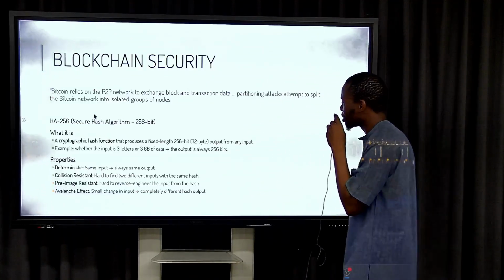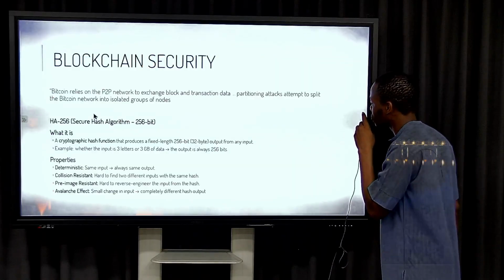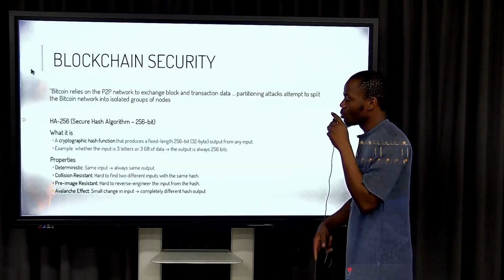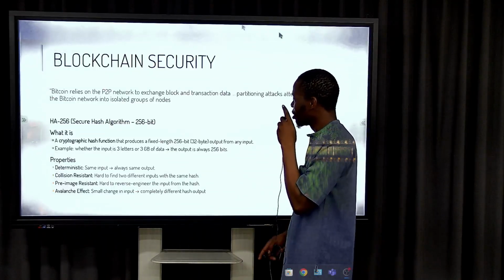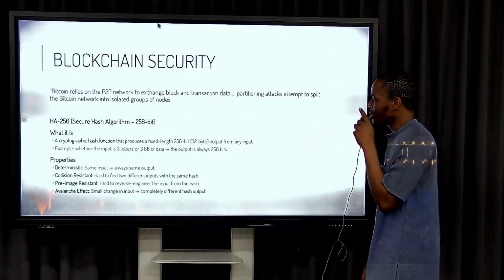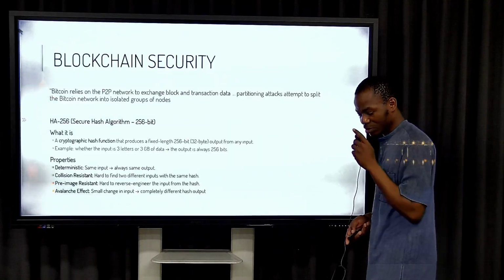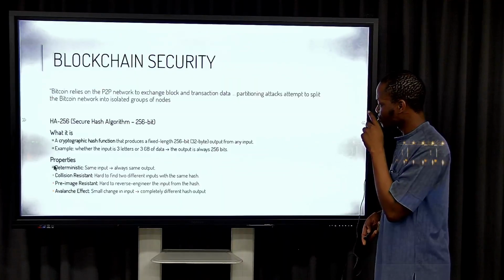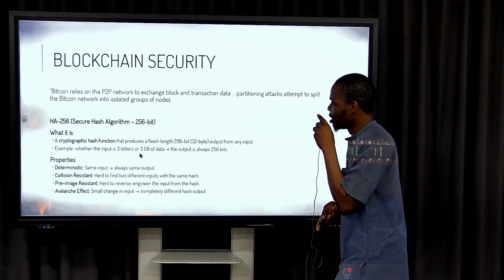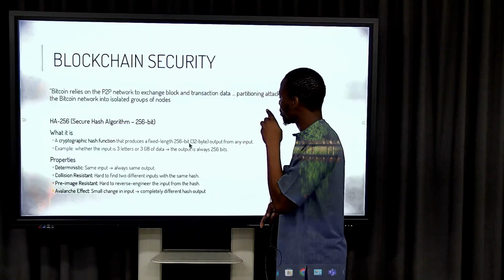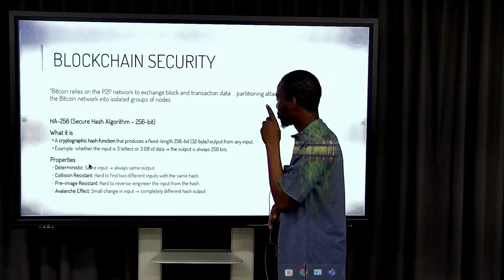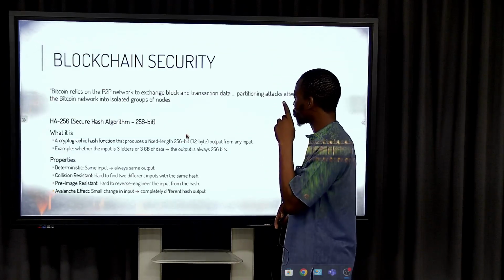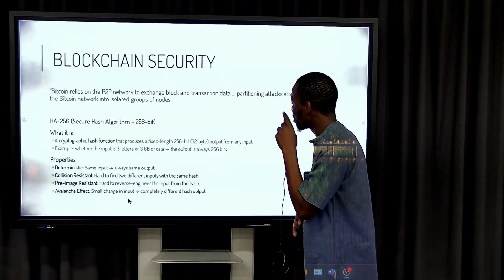For example, whether the input is 3 letters or 3 GB of data, the output is always 256 bits. So what are the properties of a cryptographic hash? It is deterministic, collision resistant, pre-image resistant, and has the avalanche effect. It's deterministic because the same input always gives you the same output. What this means is that if you input the same input at a particular time, maybe time t plus 1, time t plus 2, you always get the same output.